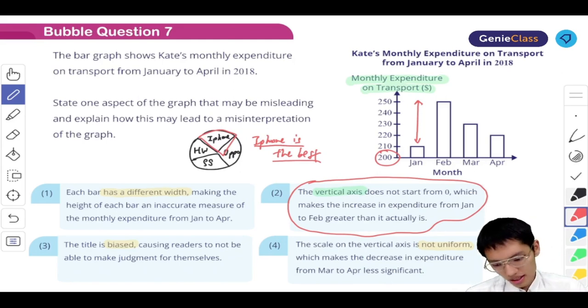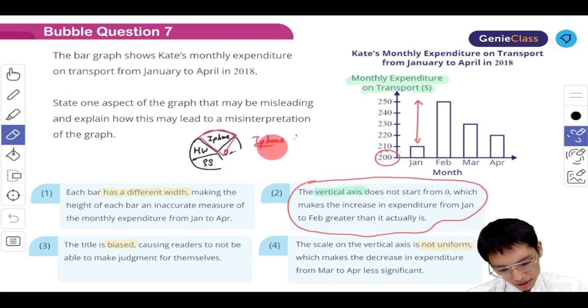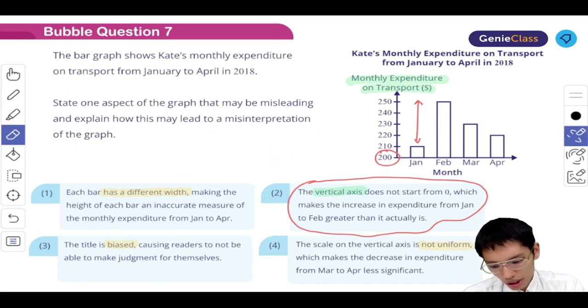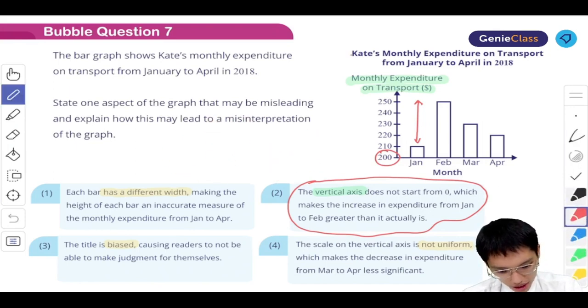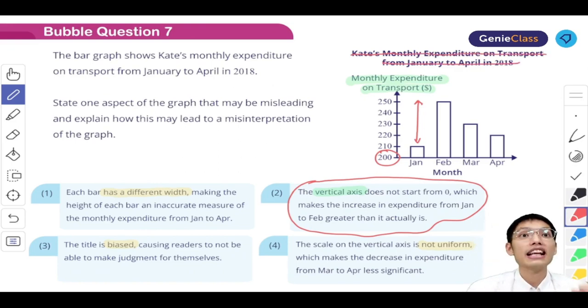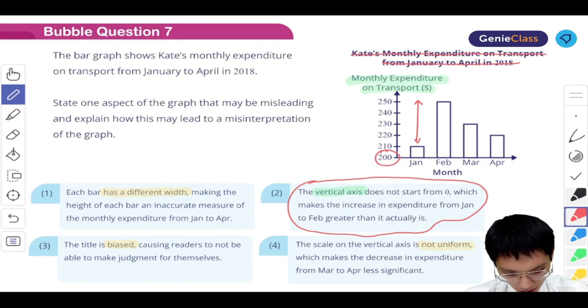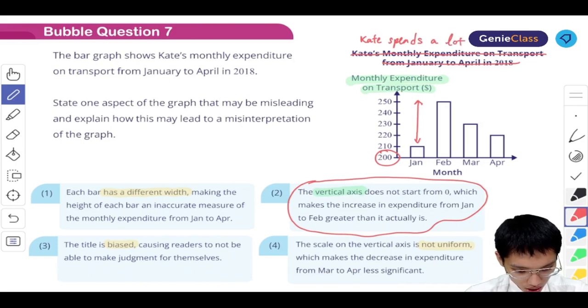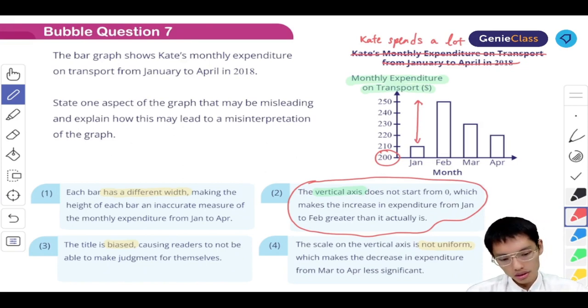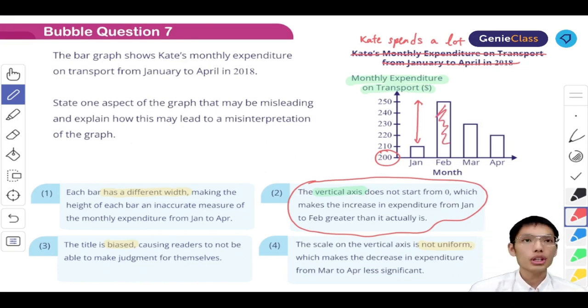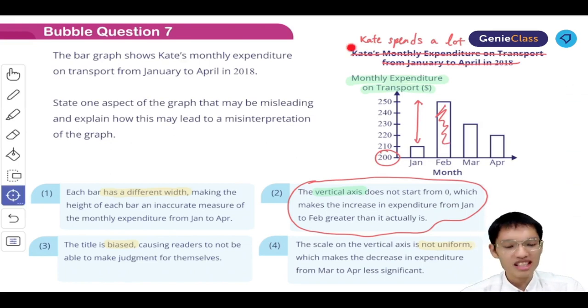But in this case, I can even change my title. Instead of Kate's monthly expenditure on transport, an example of a biased title can be Kate spends a lot in February 2018. Immediately we look at the graph, we're like, oh, so in February she spent the most. Even though it's true, the title is very misleading.